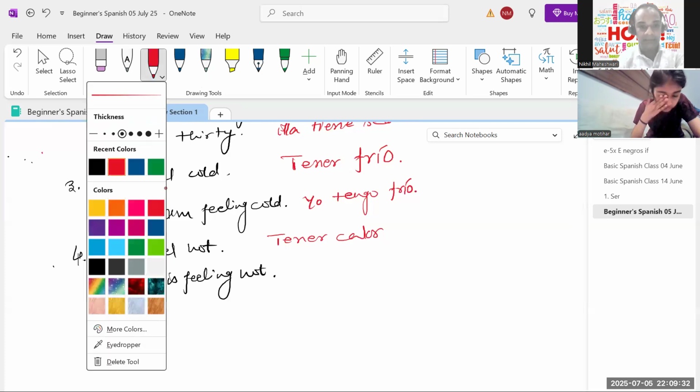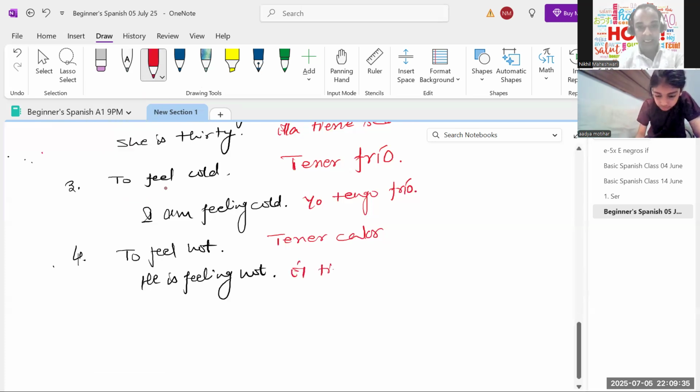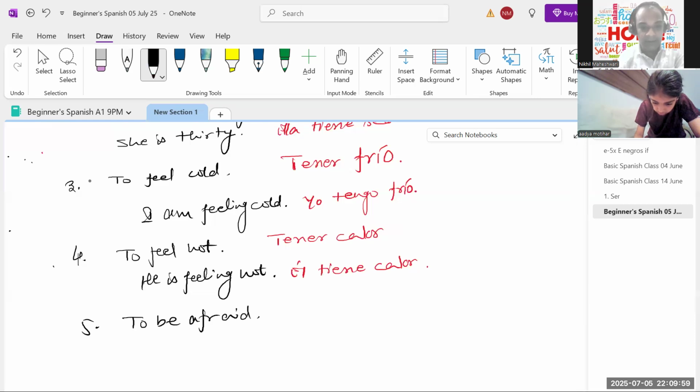Would be él tiene calor. Okay. Understood? And the last one is to be afraid. To be afraid. And the phrase for that would be tener miedo. Can you repeat that? Tener miedo. Well, tener miedo.